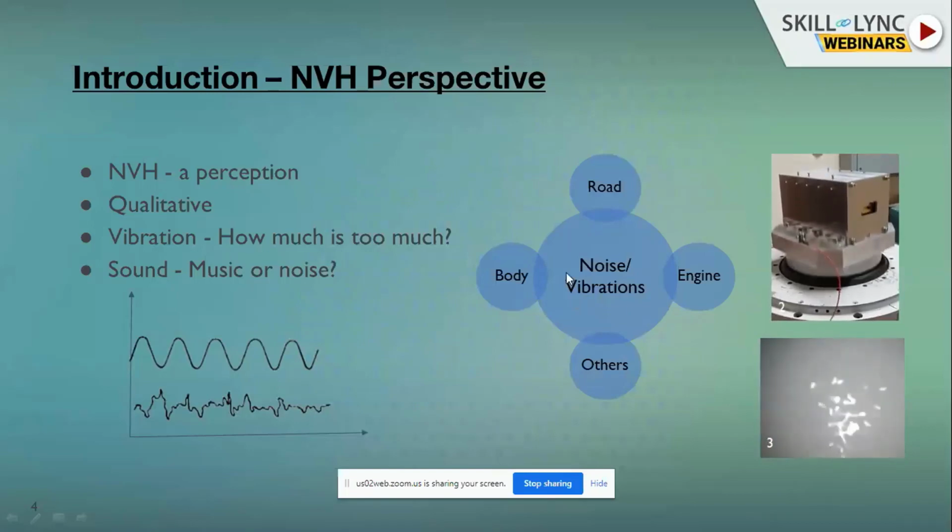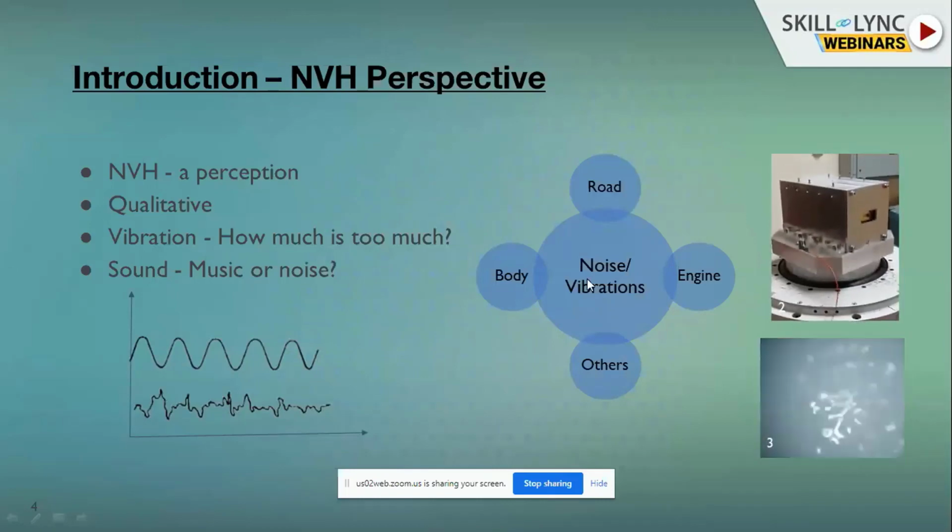Let us say you are sitting in a car, and whenever you start the car, you are going to experience certain vibrations, for example at the steering wheel, on the gear pedal, on the clutch pedal, on the floor of the car, etc. Also, when you close the windows of the car and you are cruising at around 80 or 100 kilometers per hour, you are going to hear some noise inside the car cabin.